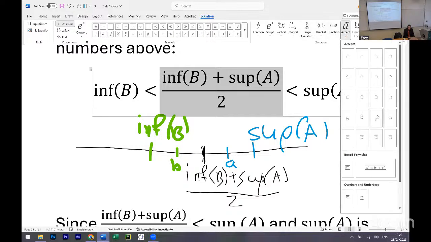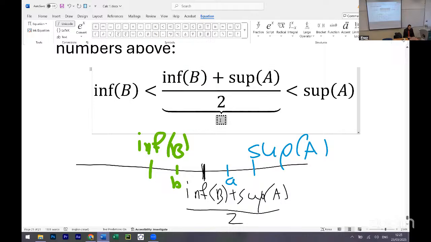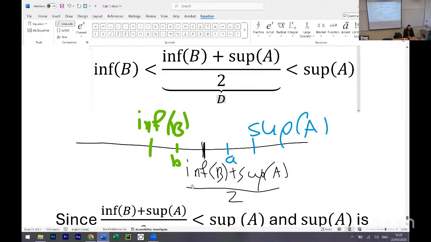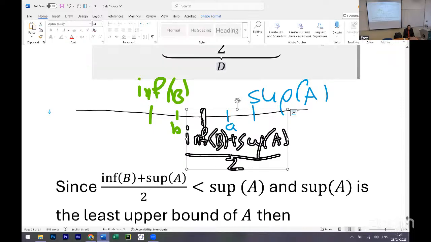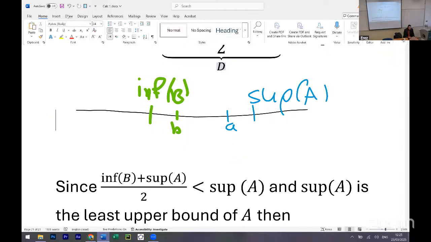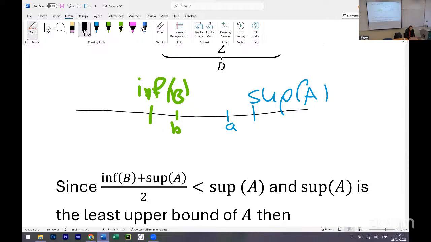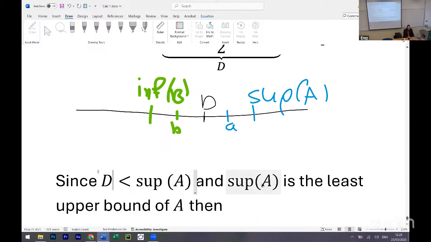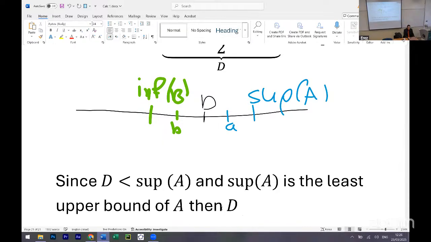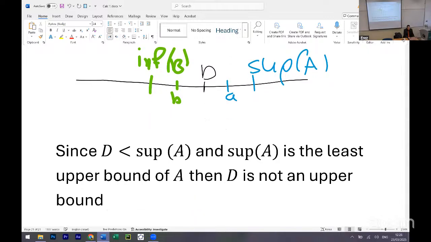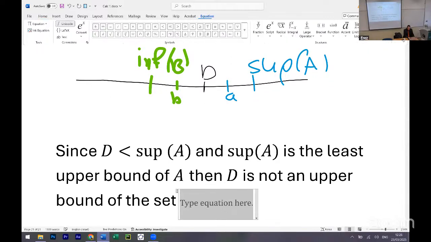So let's call it D for middle. Okay, so just a second, I will put in my drawing as well. So here, that makes everything much nicer. So that's the middle part, D. So since D, the middle part, is smaller than sup A, and sup A is the least upper bound, then D is not an upper bound of the set A.